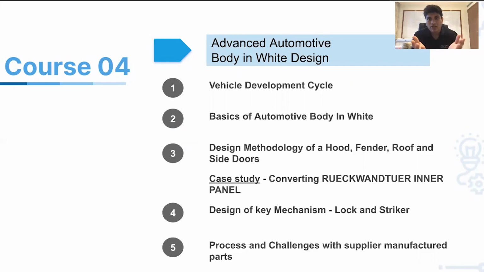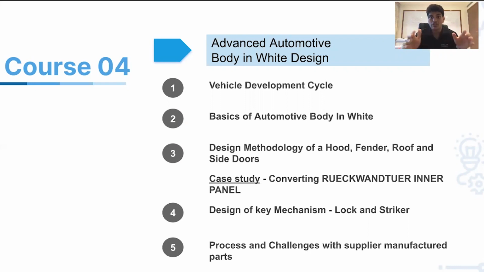So what does a vehicle development cycle mean, right? When you design any automotive component, there are 4 criteria that you need to check, right? One is your design requirement. What is your functional requirement? What is your safety requirement? What is your gap and flushness requirement? What is design requirement? Okay, design requirement is there is X amount of space in which you need to design this particular component.